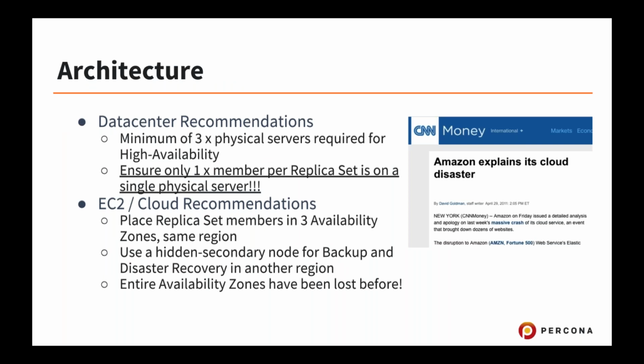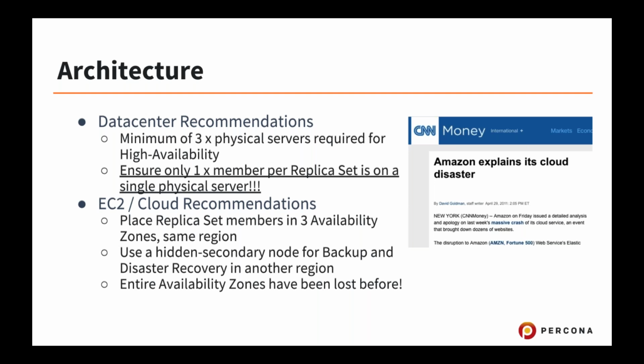Architecture is important. This slide is a really important one, with this news screen grab on the right. This happened many years ago now, in 2011, when Amazon lost an entire piece of their US East region.